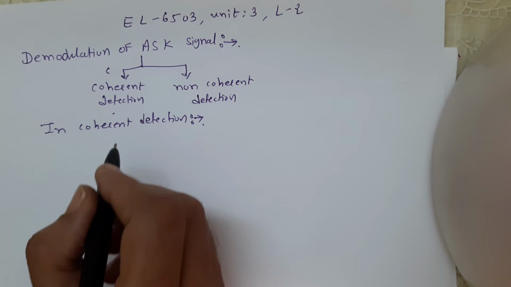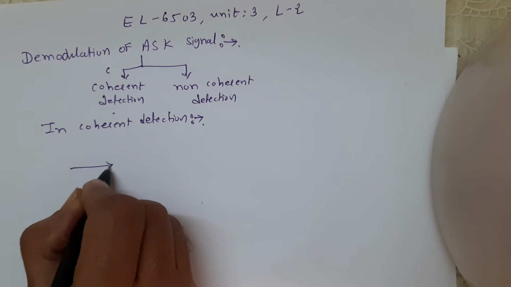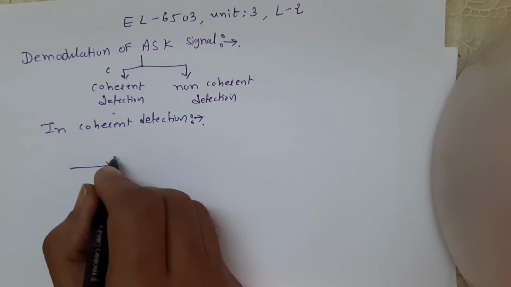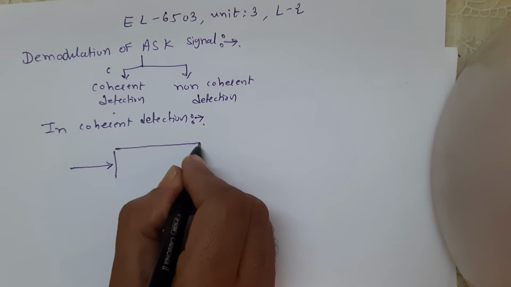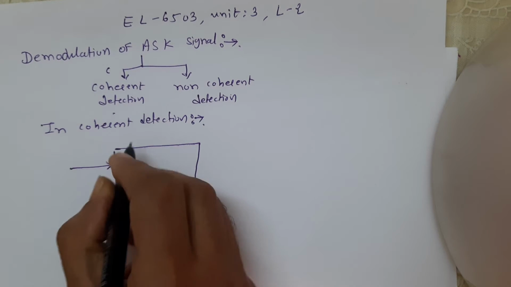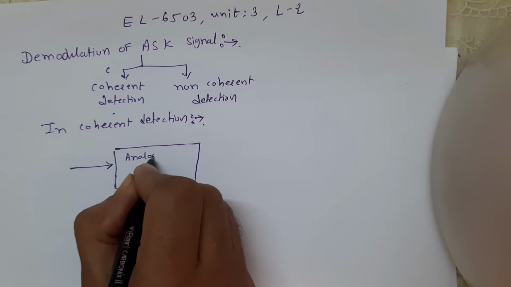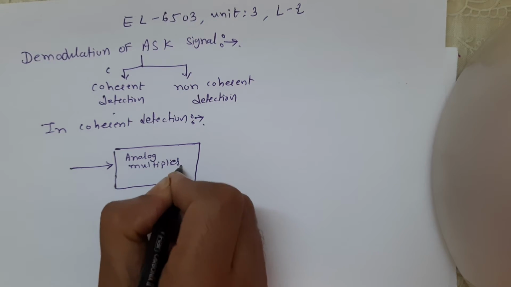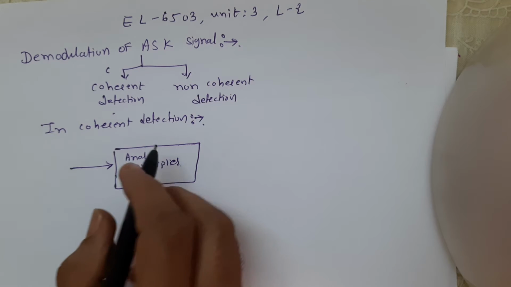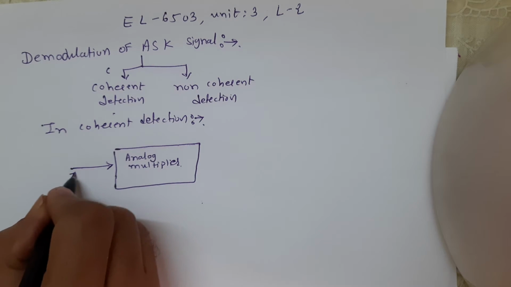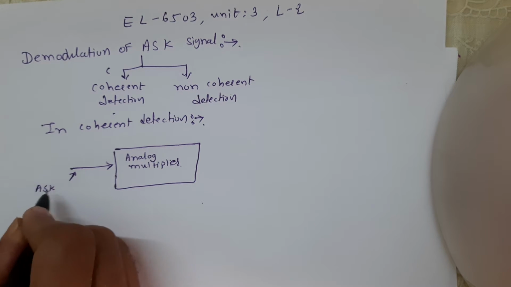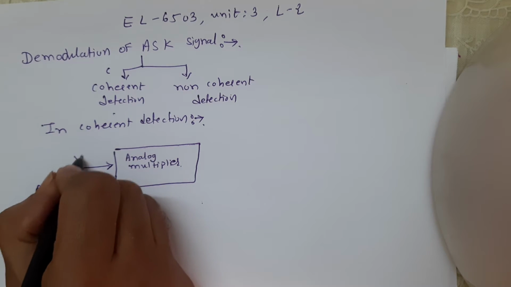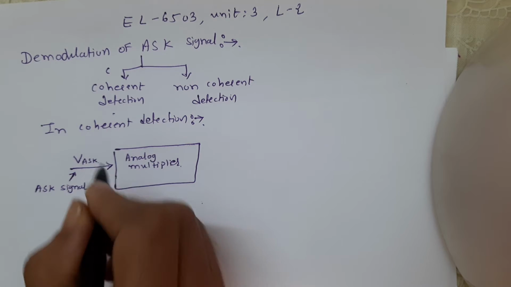First of all, the ASK signal from which we want to get the original message is given to the analog multiplier. This is our ASK signal, known as VASK.